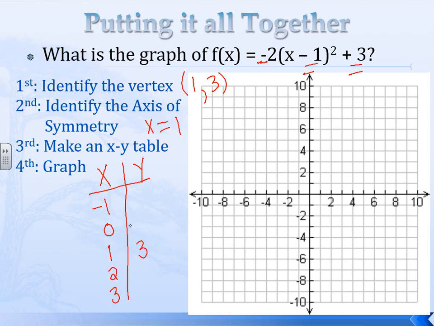So let's start with 0. We're going to do -2 parentheses 0 minus 1 squared plus 3. Following our order of operations, we're going to start with our parentheses, 0 minus 1, giving us -1.